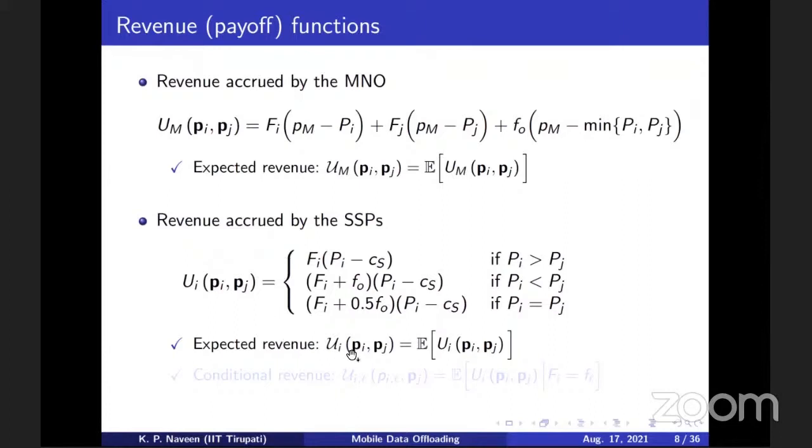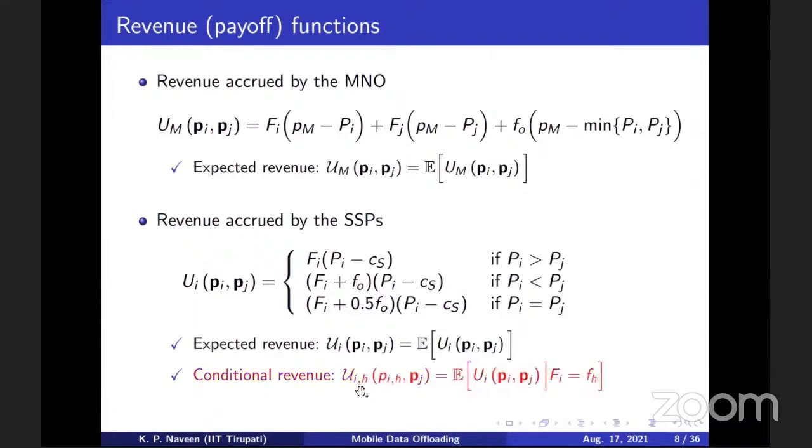And again, we can talk about the expected revenue. But since we are interested in a Bayesian setting, what is going to be more useful is this conditional revenue. So I'm defining something known as the conditional revenue. Given that SSP i is observing low flow, what is the expected utility made by SSP i? So this is the conditional revenue.